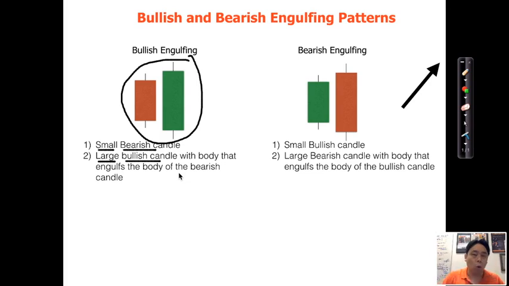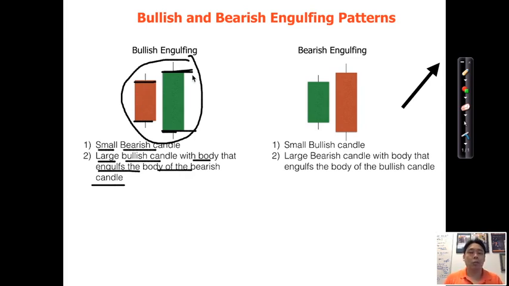Engulf means like to swallow, right? So you want this bullish candle, the body, to be bigger than the body of the bearish candle. So imagine this is like a mouth, right? So this mouth is able to swallow the entire piece of red meat, if you will, right?